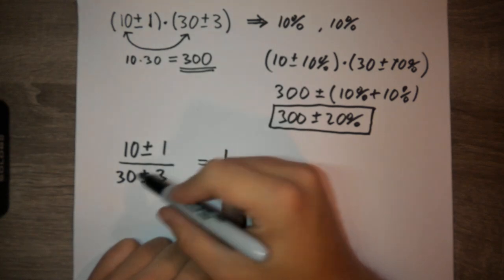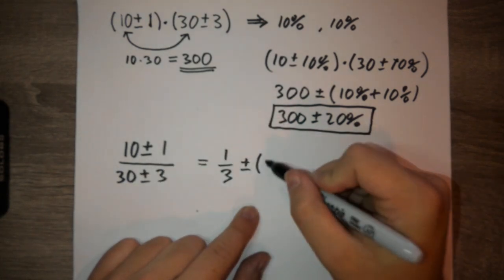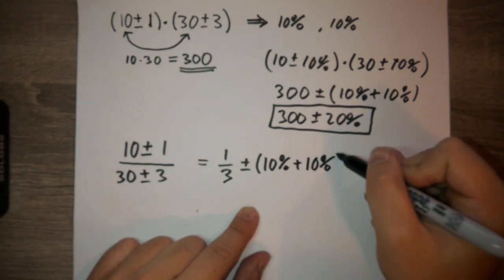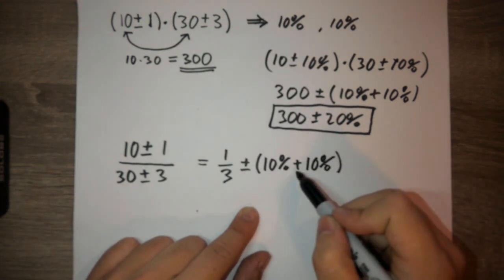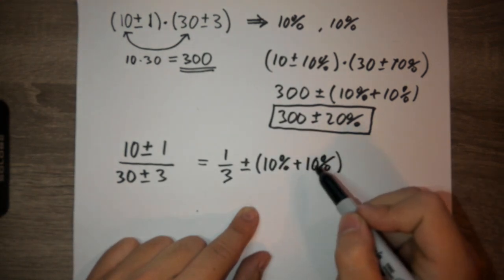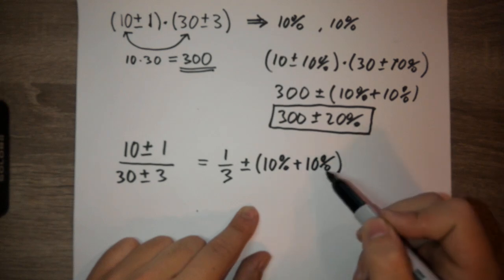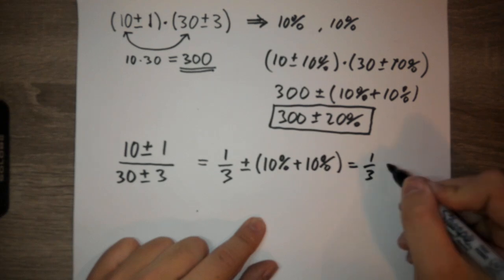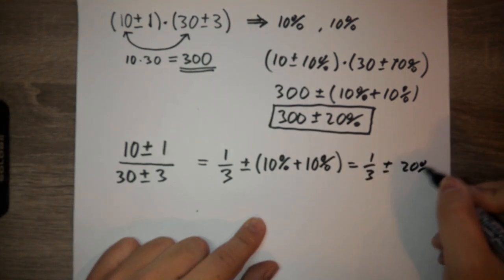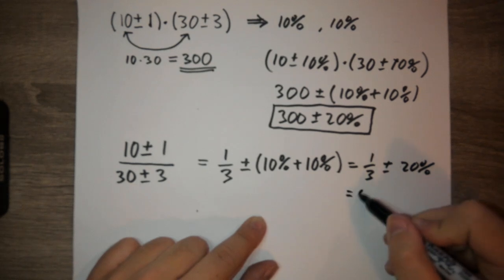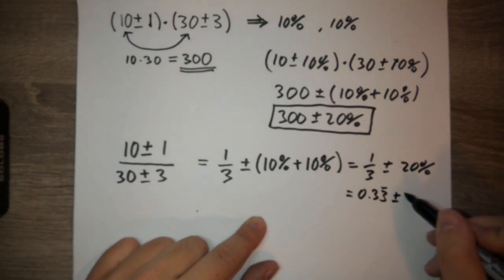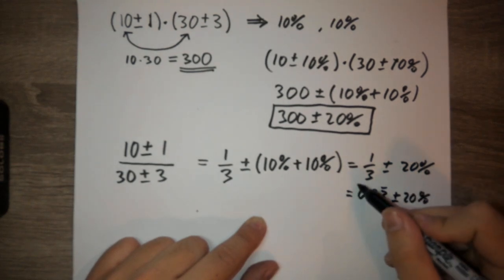And these values are the same, 10%, so we can do plus or minus 10% plus 10%. And again, we add together because uncertainties always compile if you have more of them. And that's 1/3 plus or minus 20%. Or if you want to write it in decimal form, 0.33 plus or minus 20%.